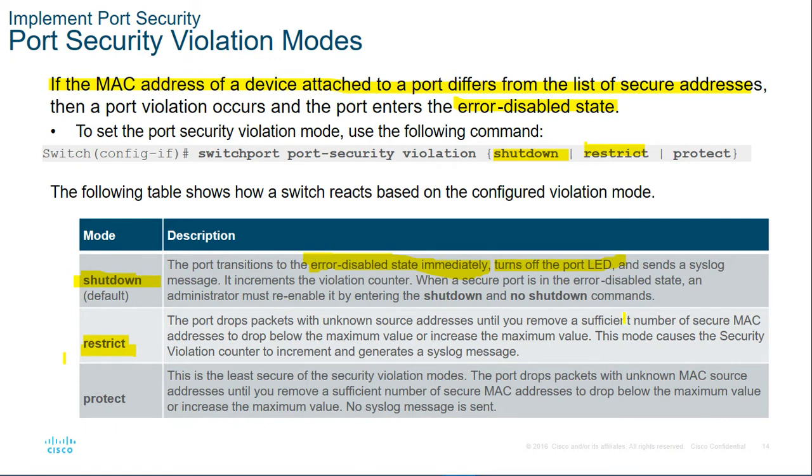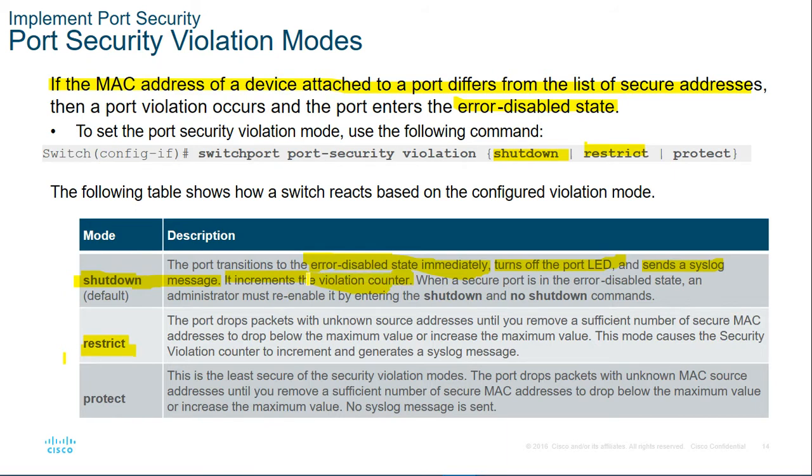Then it will immediately send a syslog message: a violation occurred on this date, at this time, from this MAC address. It registers all the information in the log message.